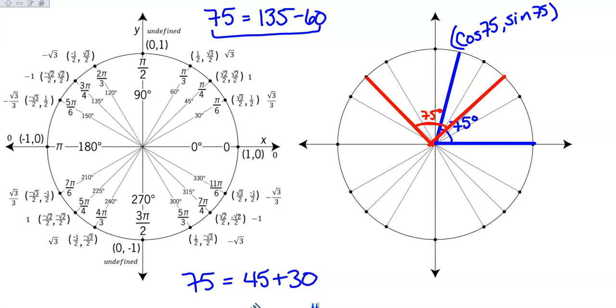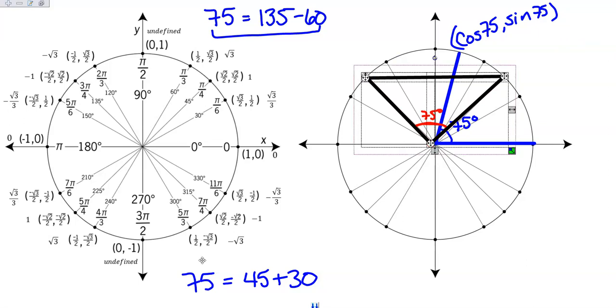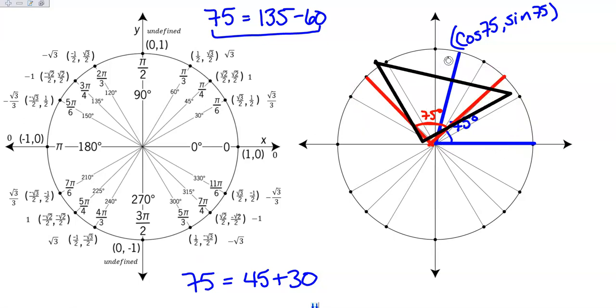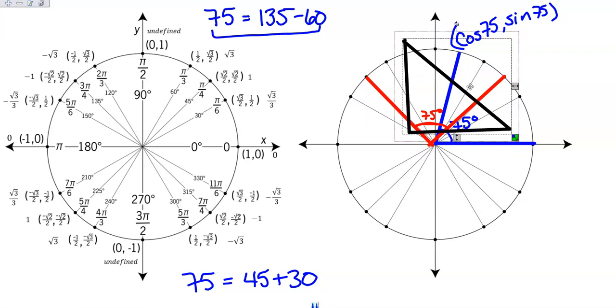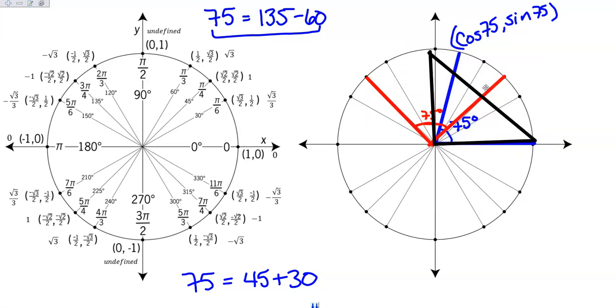One of the things I want you to see, and we're going to talk about where these identities come from, but I'm not going to walk you through the entire process, is if I were to draw this triangle, and we make it one piece here, so let me group these together. I want you to see what happens if I take this triangle and rotate it to here.